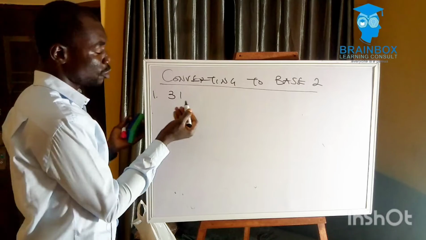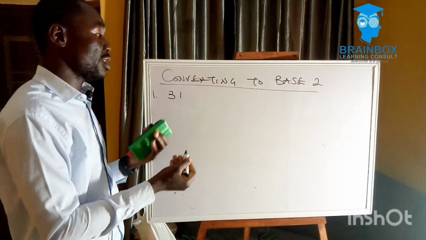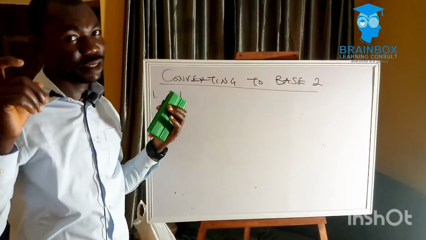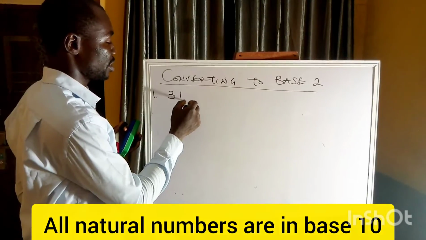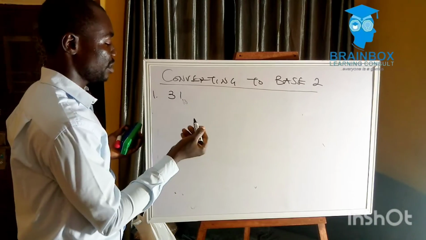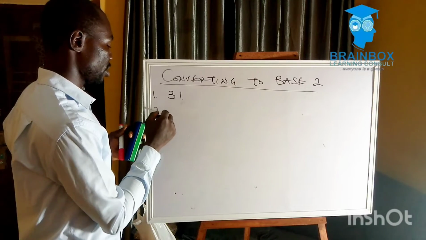So 31 like this is just a natural number. All natural numbers are in base 10. So I can even add base 10, or I can leave it, just to tell you that all natural numbers are in base 10.